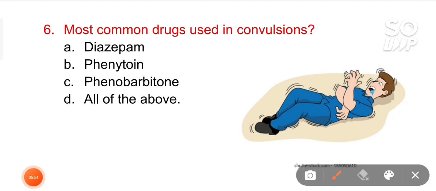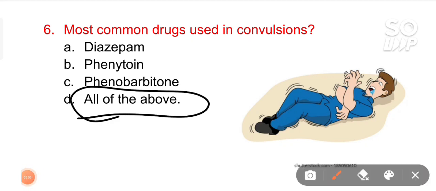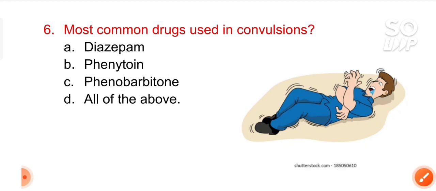The right answer is all of the above. Most commonly we can use diazepam, phenytoin and phenobarbital in the case of convulsions. We can use them depending on the severity of the convulsion, and each drug can be used after the other.